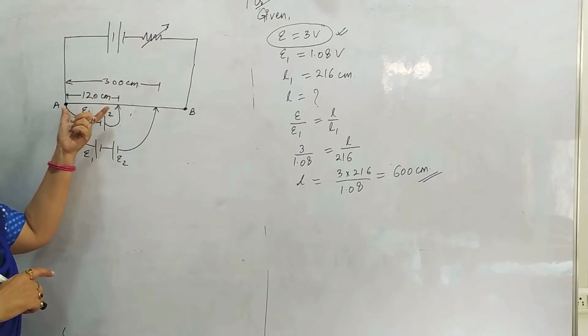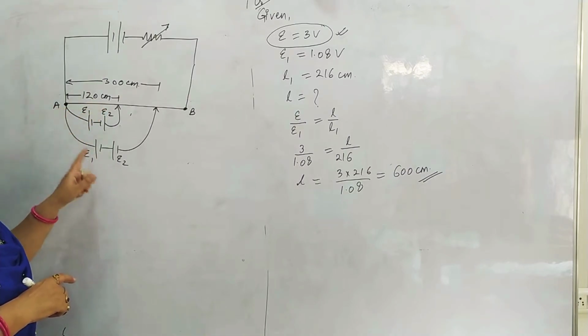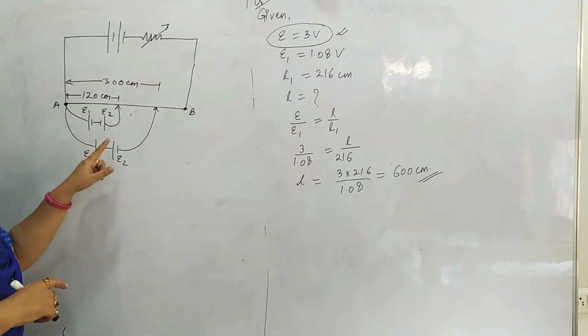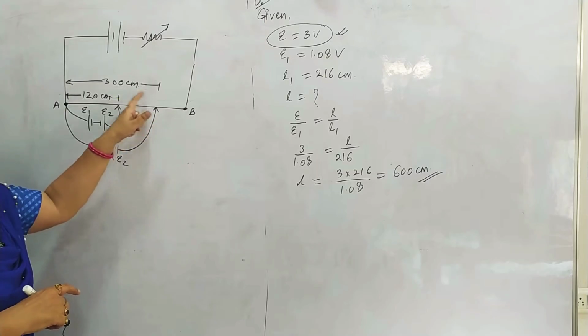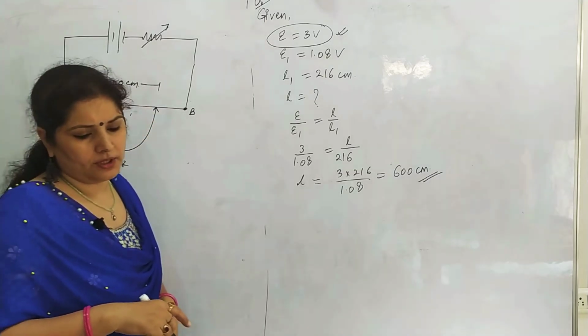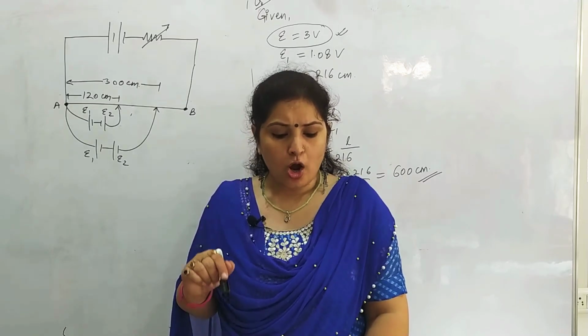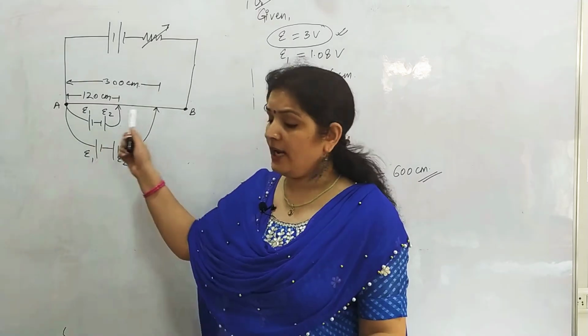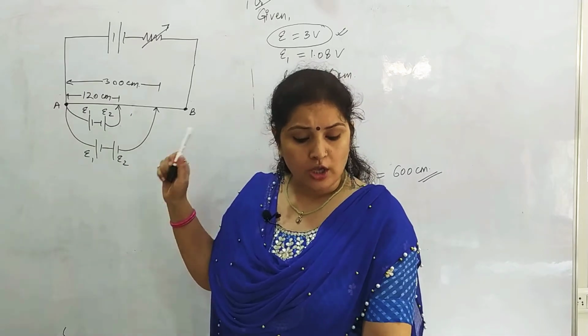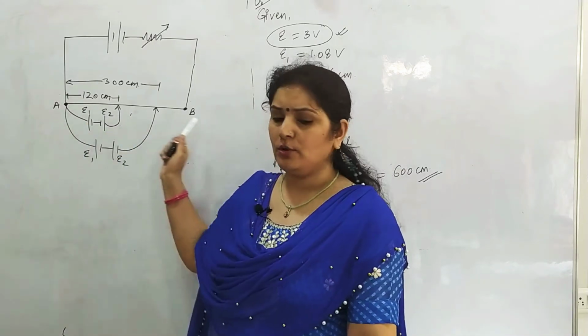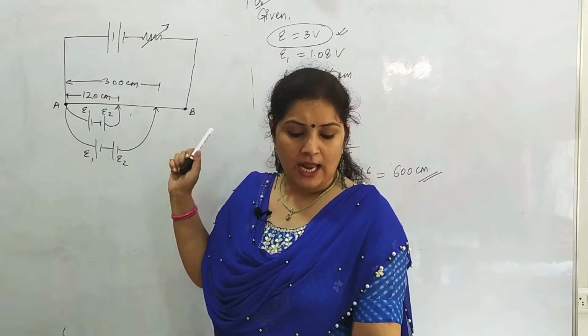it shows the null deflection at 120 centimeter. When we are connecting positive, negative, positive, negative, that way the null deflection is at 300 centimeter. So the question says, I'm reading the question for you. A long uniform potentiometer wire AB having the constant potential gradient K, whose value remains the same along its length.